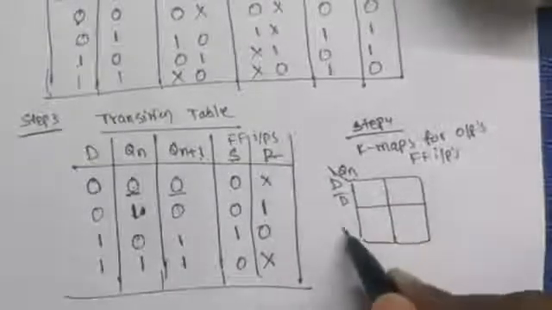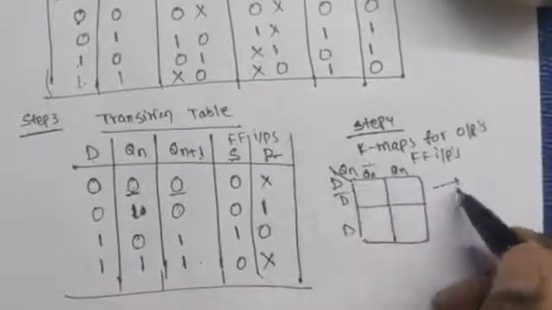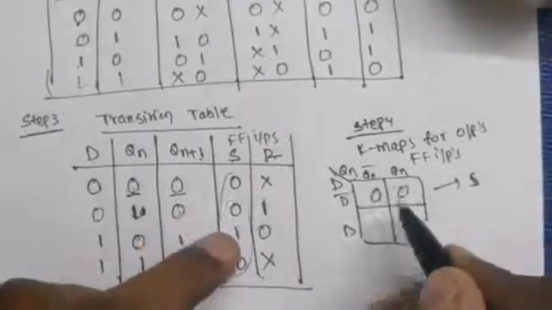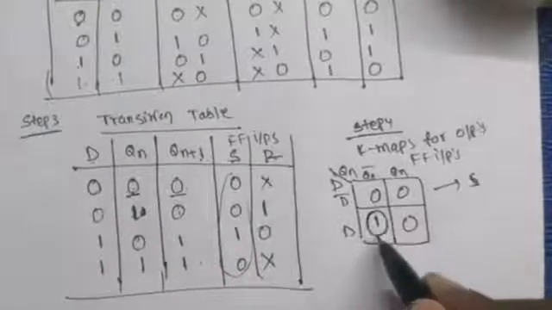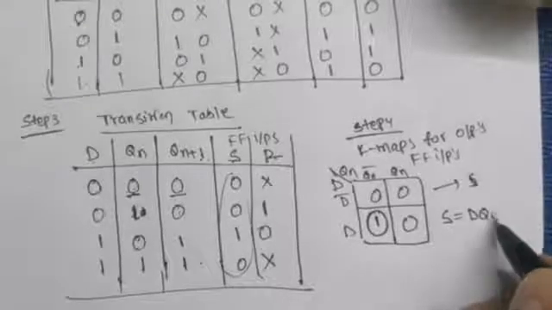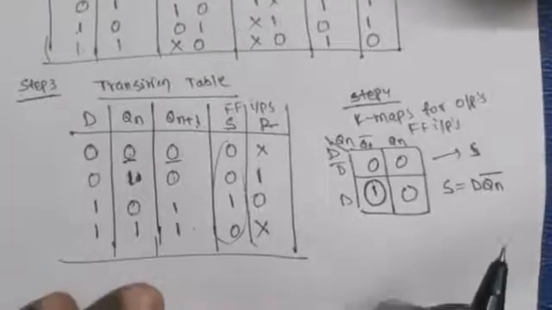This is D bar, D, Qn bar, Qn. Fill the S output here: 0, 0, 1, 0. Only an isolated pair is there. S is equal to D Qn bar.